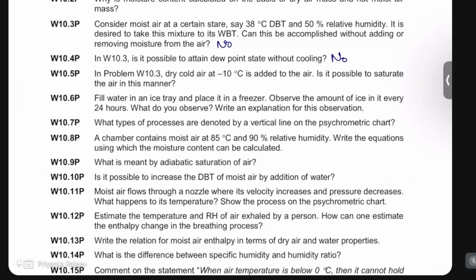The resulting temperature would be somewhere in between. But since cold air is dry, adding dry air would lower the moisture content. So probably not. It would decrease the humidity ratio, making saturation less likely. So again, the answer is no.